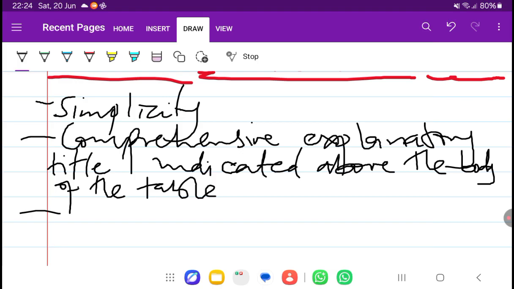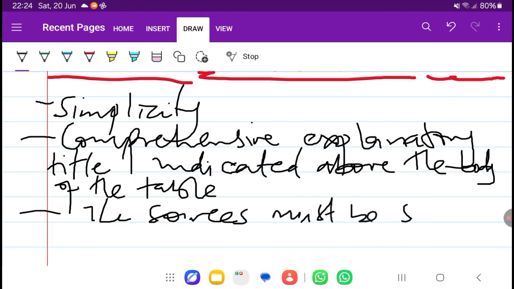The other is that the sources must be stated. That's why most of the time, whenever you see a table, maybe in a book, they always put some words to explain where this information came from.